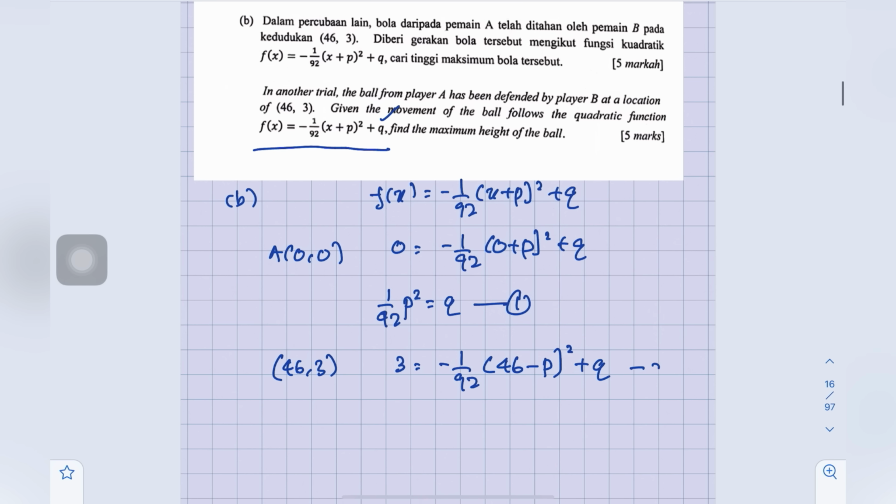This is equation 2. Then we can substitute 1 into 2. Here this one is q, so we substitute. 3 equals -1/92 (46 - p)² + 1/92 p².